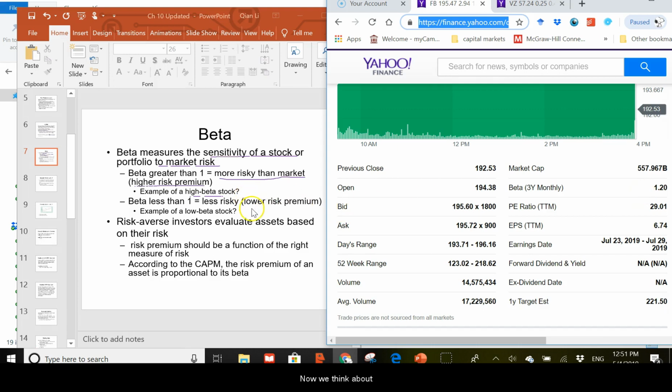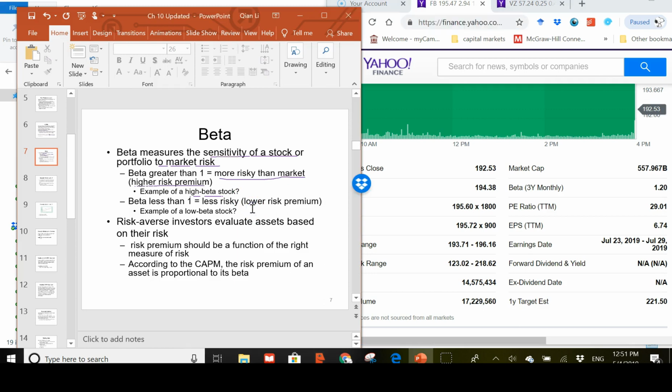And now if we think about companies or stocks that have a beta lower than 1, say 0.5. If you use 0.5 multiplied by the market risk premium, the result is just half of the market risk premium, right? So it's lower than the market risk premium. That means that stock's own risk premium is lower than the market risk premium.